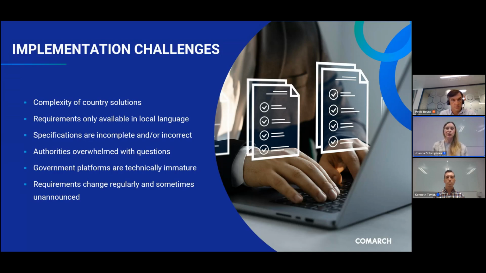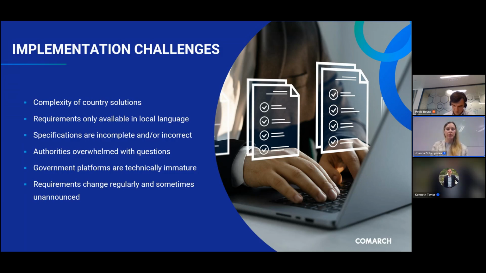As we do this, we have to face numerous challenges that can make implementing these solutions quite a project. From the complexity of the country solutions to the frequently changing requirements and moreover incomplete specifications, there are many challenges to overcome in order to ensure that we meet all regulatory obligations.